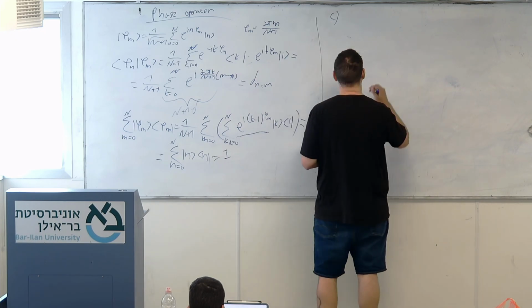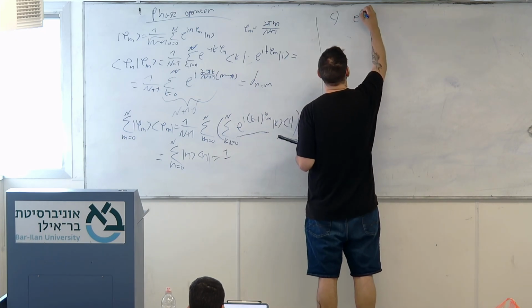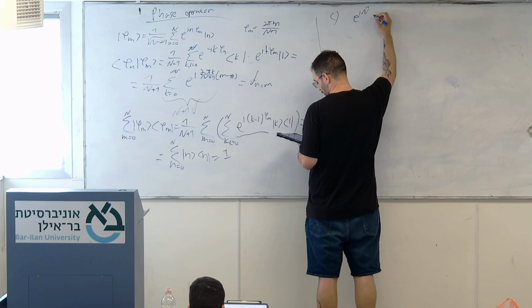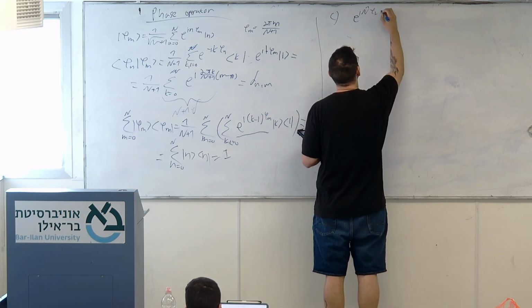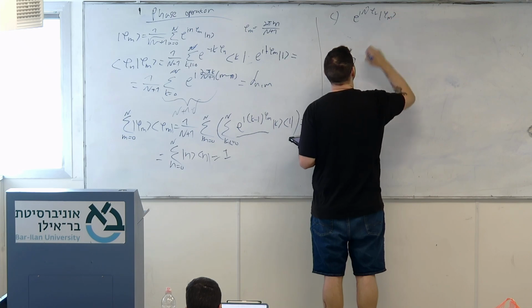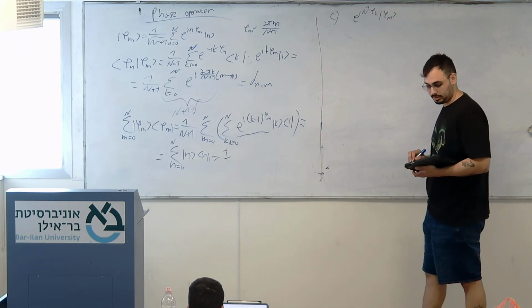So by that I mean, if I take the transformation e to the i n n hat on |phi_m>, what will happen? Right.